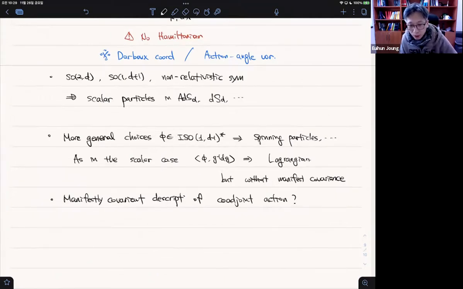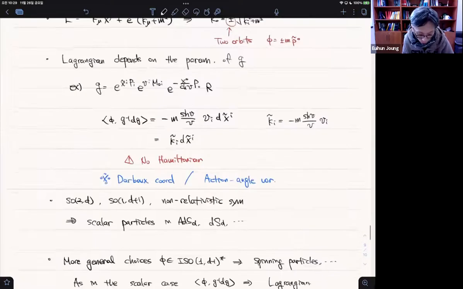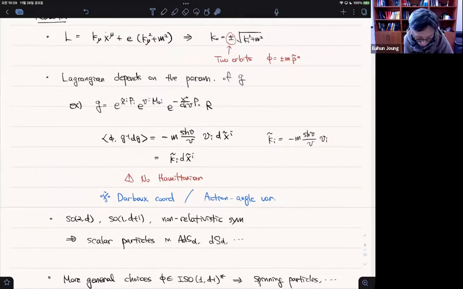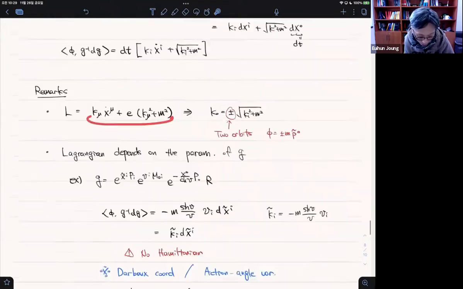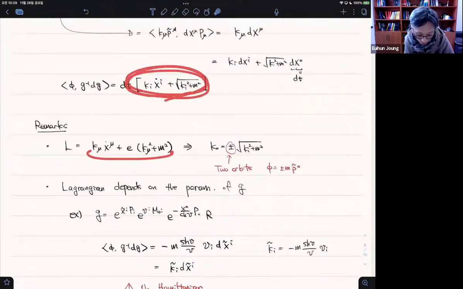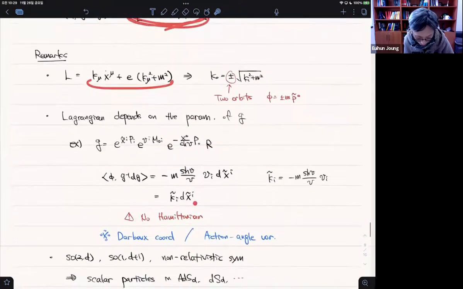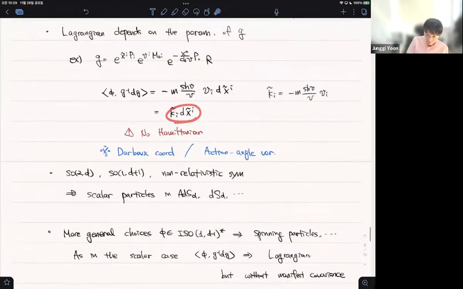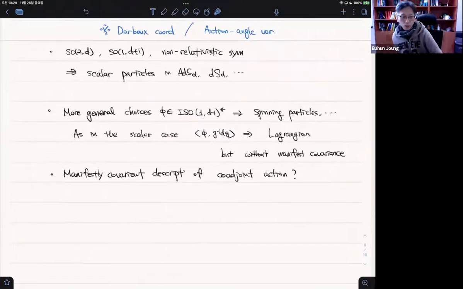It's very strange, it's up to your choice of coordinates. If you are too good or too bad in choosing coordinates, you just end up with nothing. So you need to choose properly to get this nice system. Otherwise, you would get this. So this is the main point of the game here.